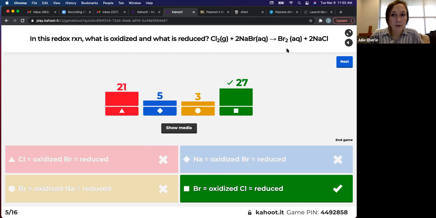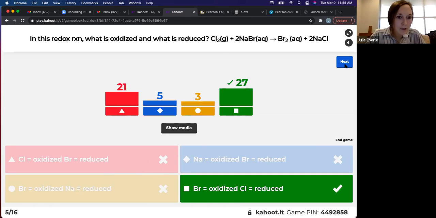That's oxidation. 21 people picked the opposite of this. Chlorine is a 0 starting out, and on the product side it's a -1. So 0 to -1, that's reduction. So chlorine is reduced, bromine's oxidized. A lot of people picked similar things, just opposite.